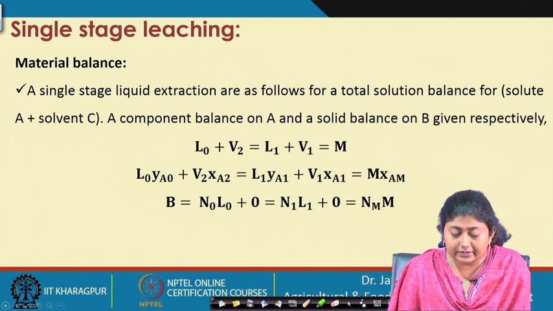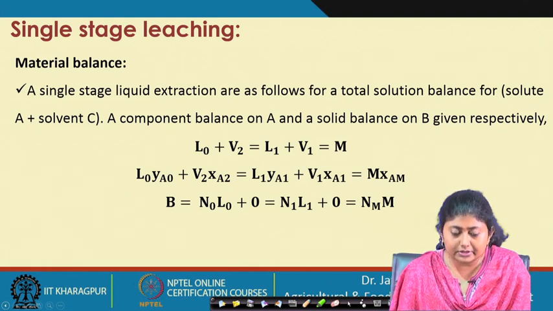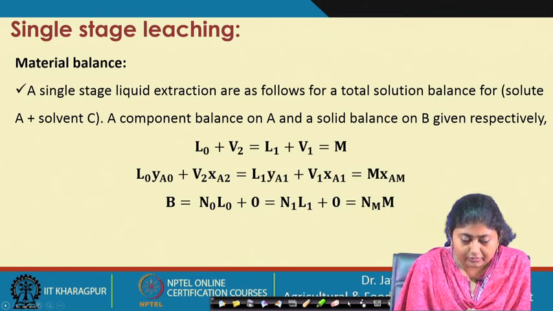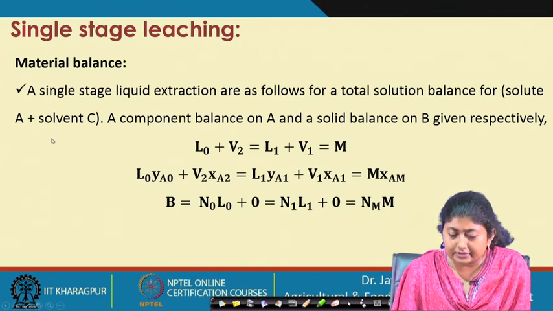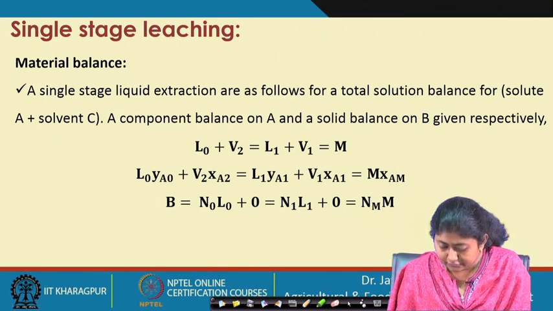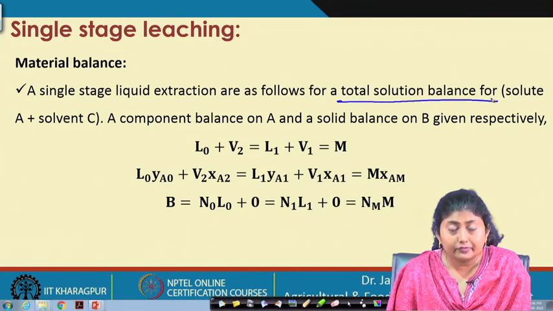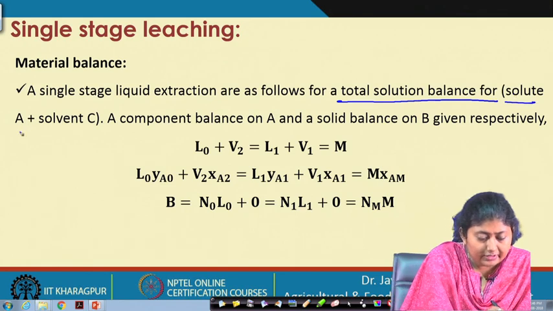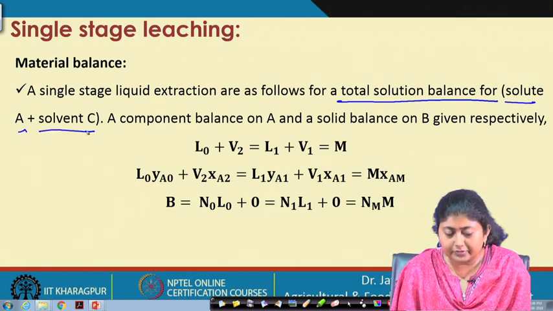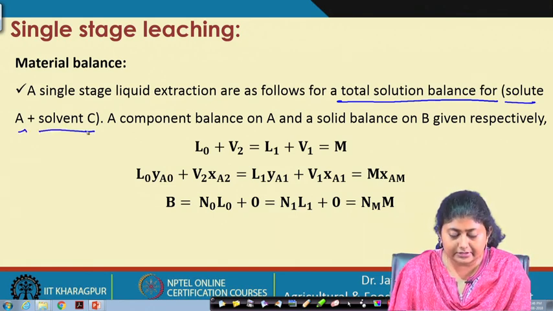Considering a single stage mass balance, we want to see the overall balance. A single stage liquid extraction balance is as follows: for total solution balance, for solute A and solvent C, because if we know those two, the other can be easily calculated.